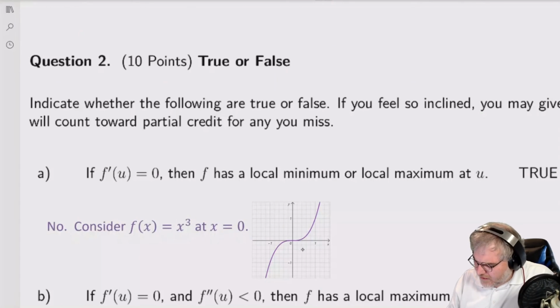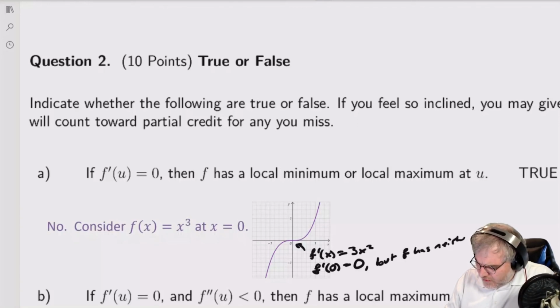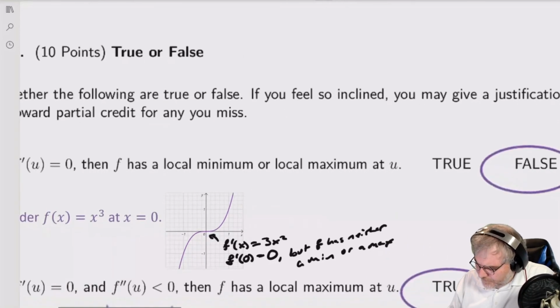Here, f prime of x equals 3x squared, so f prime of 0 equals 0. But f has neither a min nor a max.